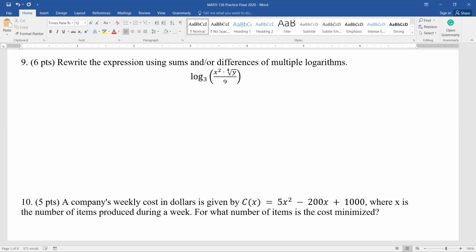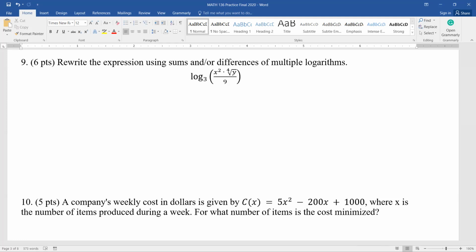A couple different things we need to do here. So we're going to bring this exponent down out front for the first log. So 2 log base 3 of x, that first one is completely simplified now. The second one, we are going to have to do a little bit of work. So we're going to take this part right here and I'm going to go over to the side and we're going to rewrite it.